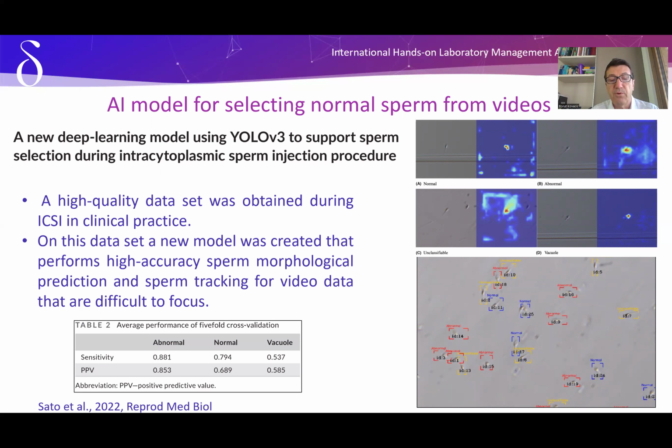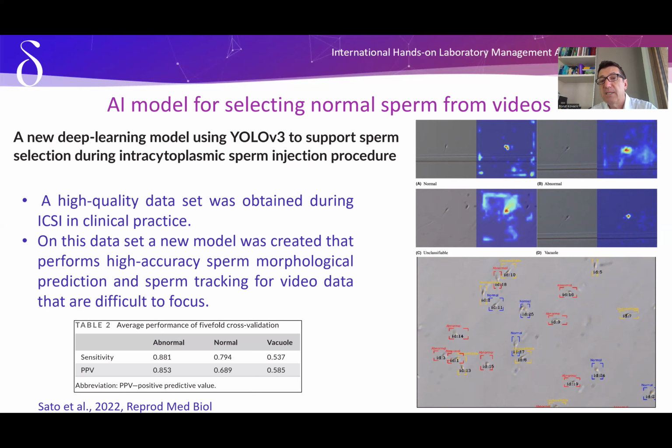The authors performed a validation, and the results indicated a high sensitivity and positive predictive power of the model for detection of abnormal and normal shaped swimming spermatozoa, and slightly lower predictive power in the case of vacuole detection. The top right image displays a heat map used to visualize how the deep learning model makes its predictions. If there was a spread of signals, then the model was not able to completely distinguish normal from abnormal sperm.